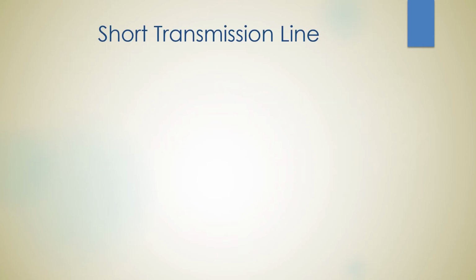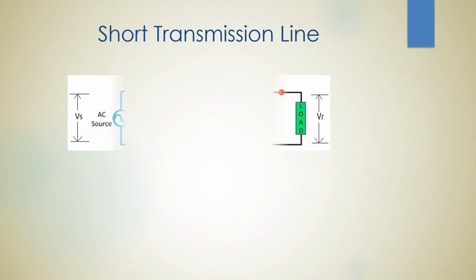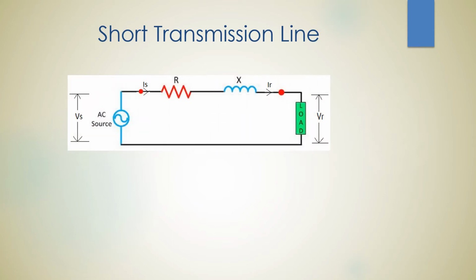So now we will see the short transmission line. Short transmission line is short in length and it is carrying very low voltage. That's why capacitance can be neglected. Hence, the mathematical model of the short transmission line is this: shunt admittance branches are removed.